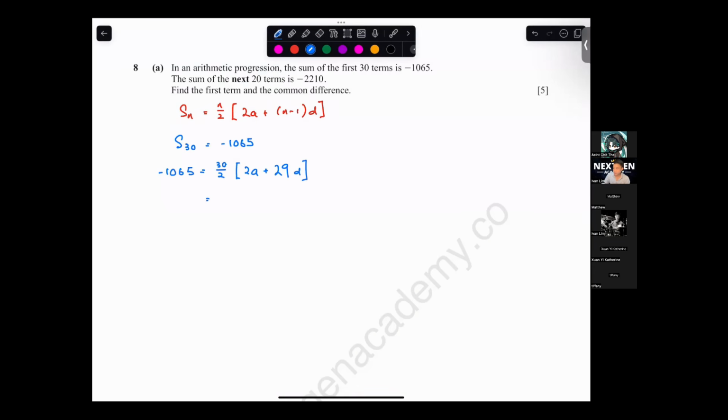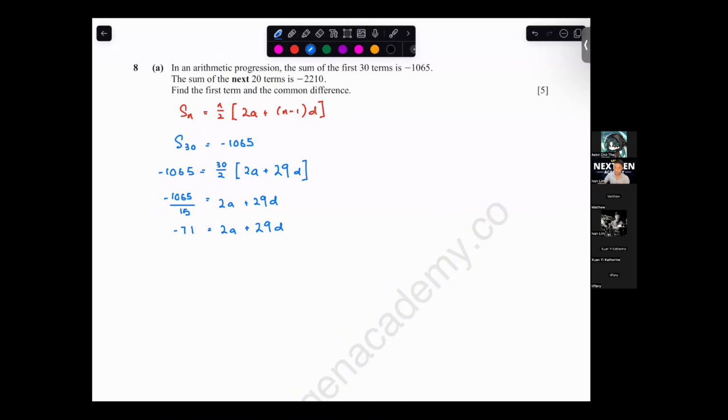The 30 over 2 will be 15. I bring it to the left-hand side, negative 1065 over 15 equals 2a plus 29d. Here I get minus 71 equals 2a plus 29d. Okay, we leave it like this first. Later we see the next equation.